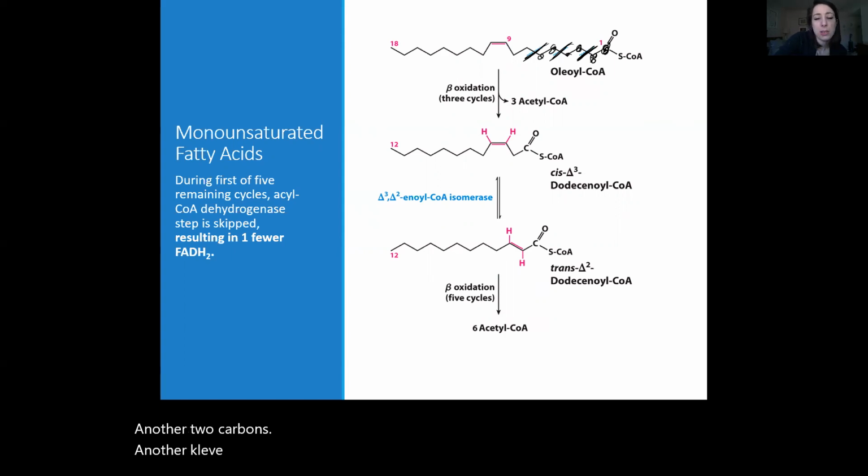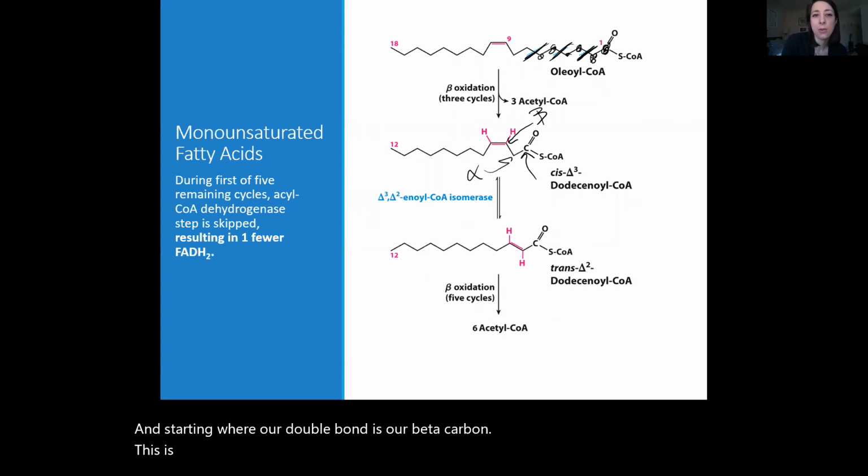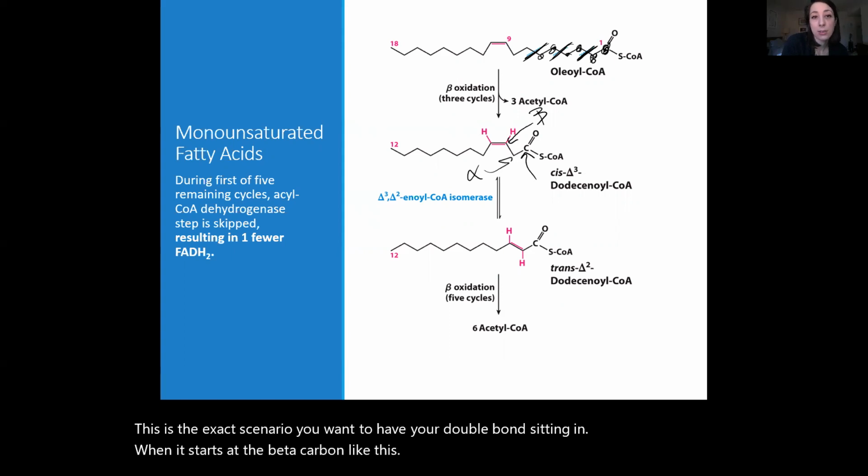At this point, you can see we now have a carbonyl here. This is our alpha carbon, and starting where our double bond is, our beta carbon. This is the exact scenario you want to have your double bond sitting in. So when it starts at the beta carbon like this, then we have it in the correct position.